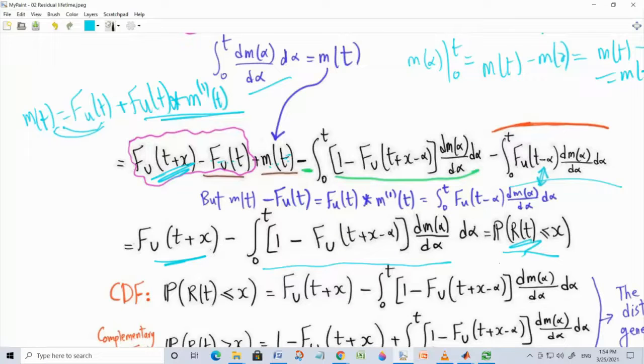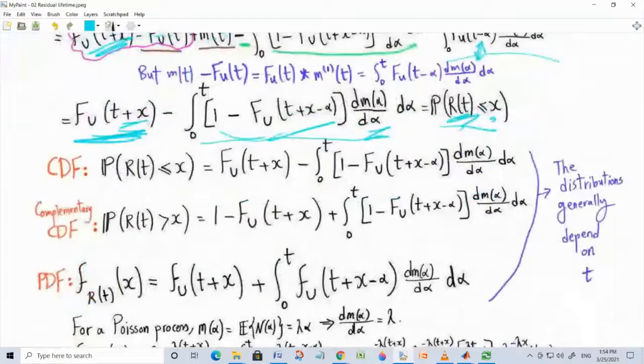The CDF of the residual time, R of t less than or equal to x, is the CDF of the inter-arrival time evaluated at t plus x, F_U of t plus x, minus an integral, and this integral involves the CDF of the inter-arrival time and this monster here, the first derivative of the renewal function, which is the expectation of N of t.